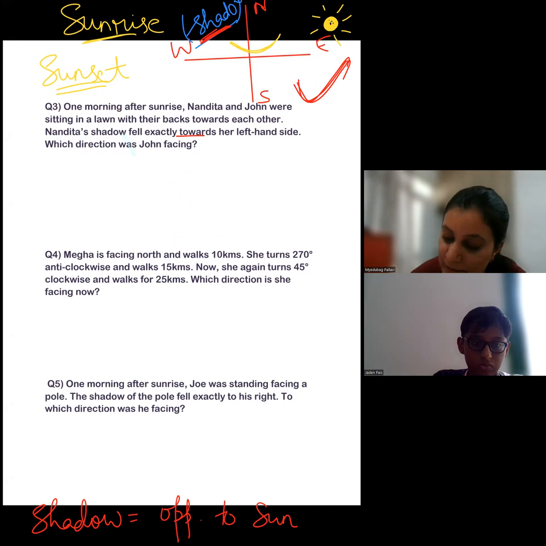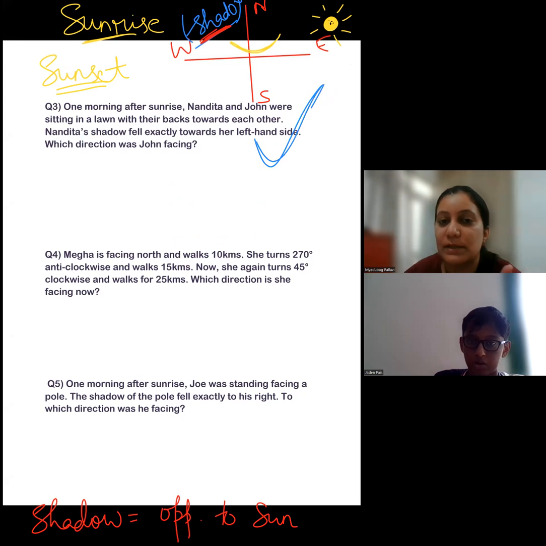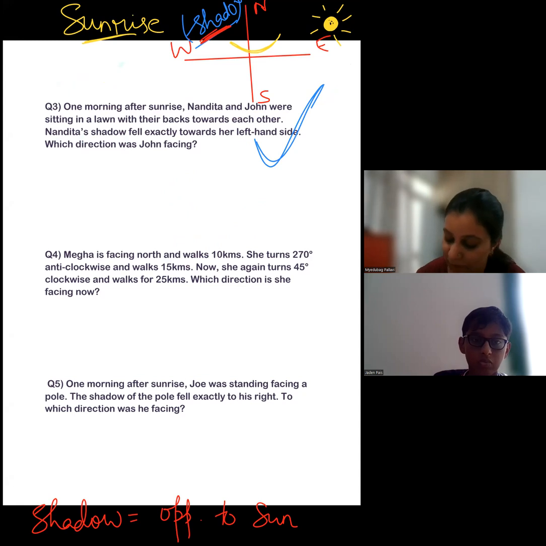So the very first thing that we have to do, you have understood that if this is the time of sunrise, shadow is in the west direction, because the sun is rising from east. During sunrise, that means morning time, and in sunset, that means in the evening time, it will just be the opposite. Sun will be in the west and shadow will be in the east, right?